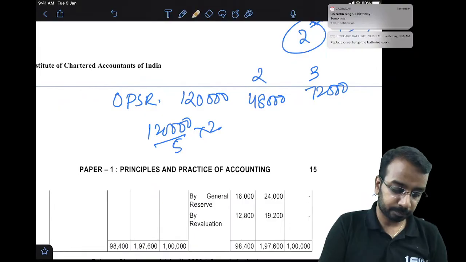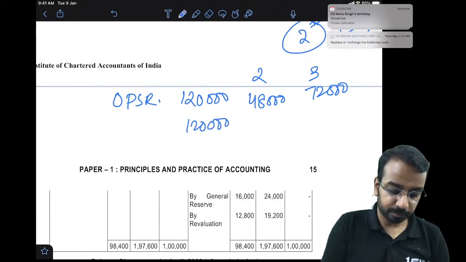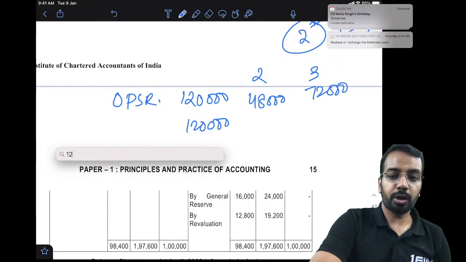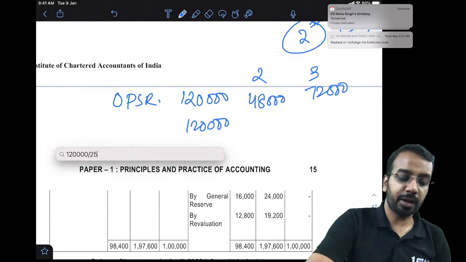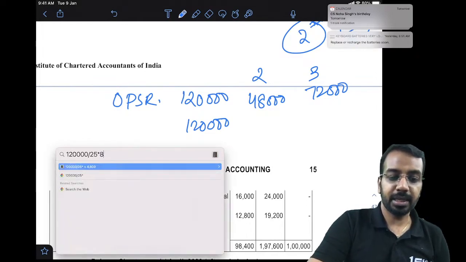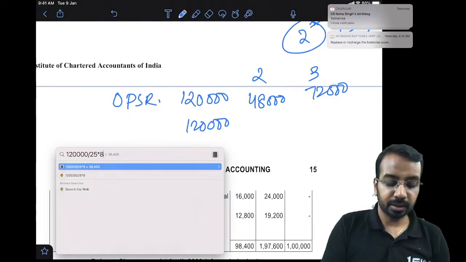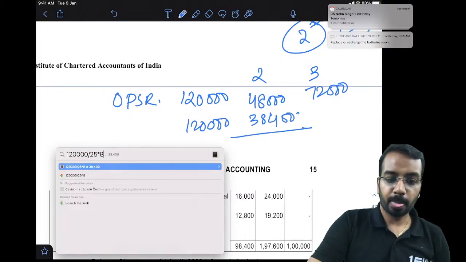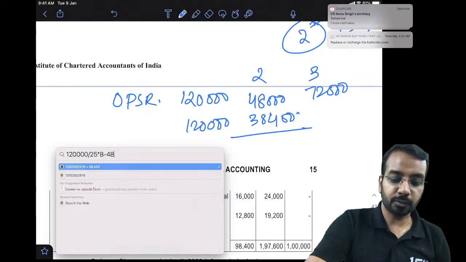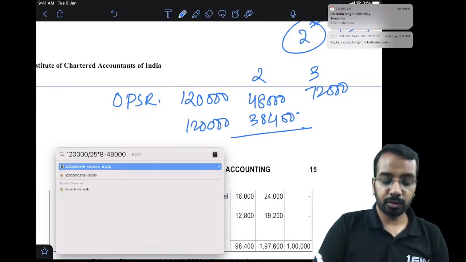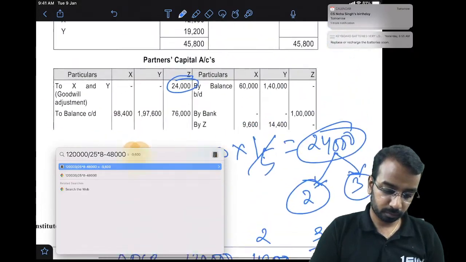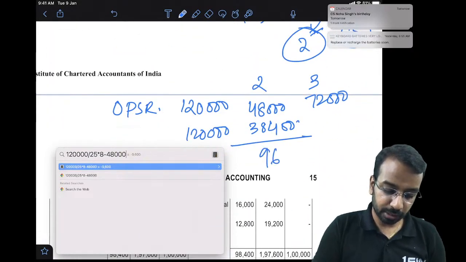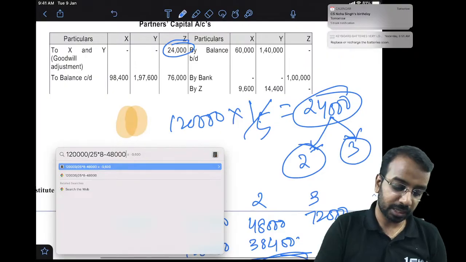So 1,20,000 divided by 25 multiplied by 8, we get 38,400. Now if you subtract, 38,400 minus 48,000, you get 9,600. The same 9,600 is what is given here.